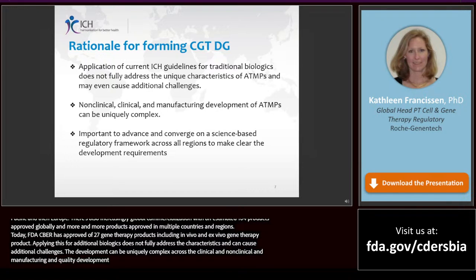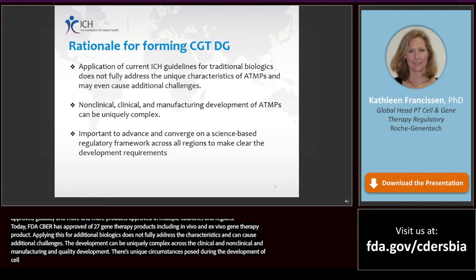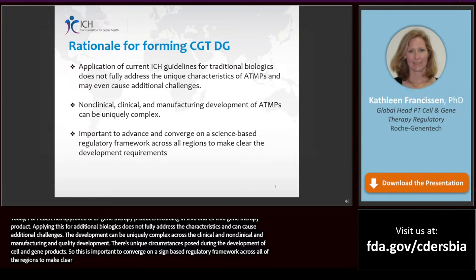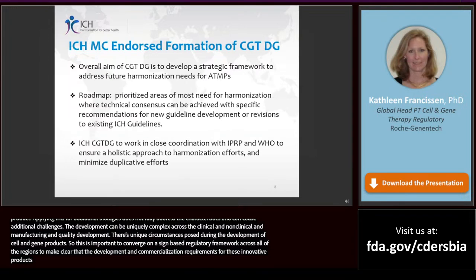There are unique circumstances posed during the development of cell and gene therapy products. So it's important now to converge on a science-based regulatory framework across all the regions to make clear the development and commercialization requirements for these innovative products.